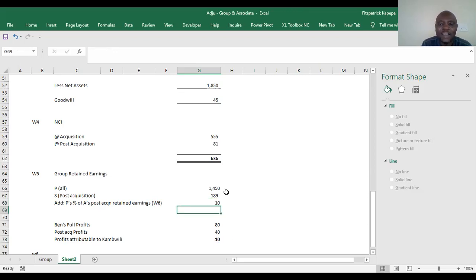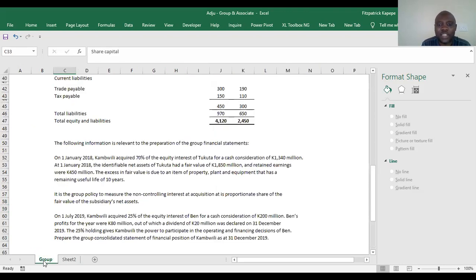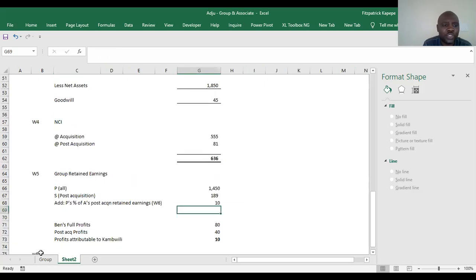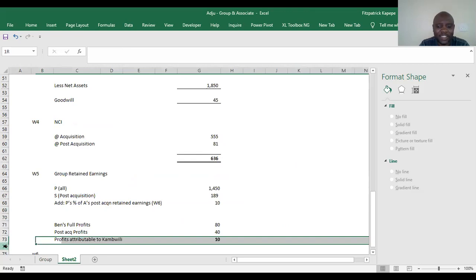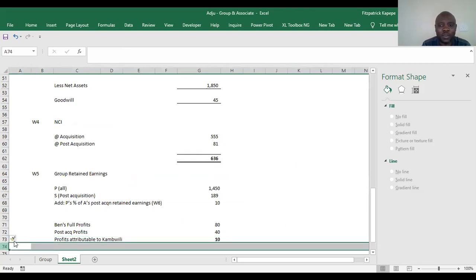But then we are told again in the question that the 25% holding gives Kambili the power to participate in operating and financing decisions, and this is where we have realized that this is basically an associate. But we are told a dividend of 20 million was cleared on the 1st December. So we'll still do some sub-computations here just to understand what is at stake.